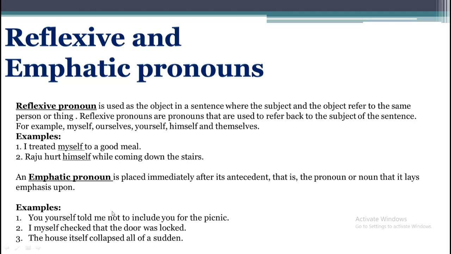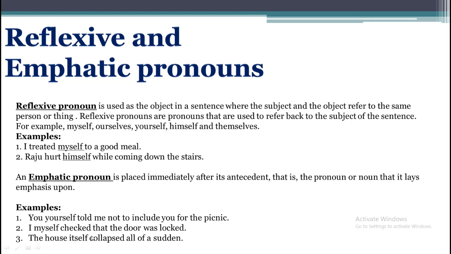Let's see how. Seeing the first example, you yourself told me not to include you for the picnic. So, you yourself, it's not necessary that I am putting yourself as the object, that you told yourself. I'm not saying that. It's you yourself told me not to include you for the picnic. Next one, I myself checked that the door was closed. Now here the object is door, but I am using myself right next to the subject.